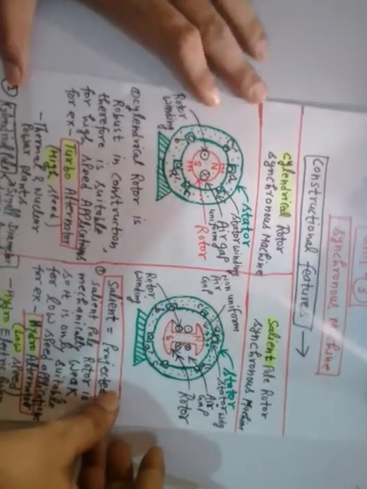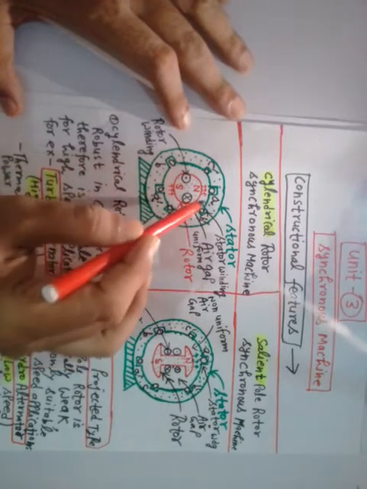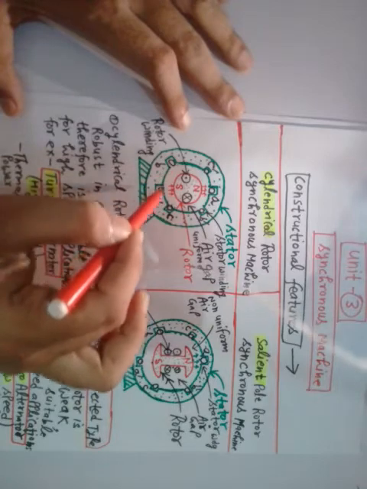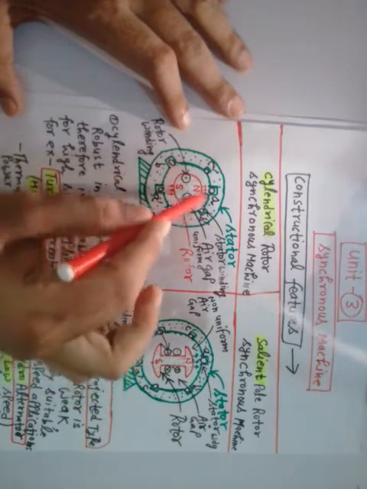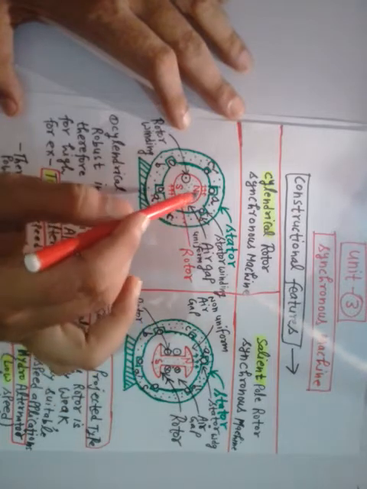This is your cut section model of a synchronous machine. So here, see this, we have taken a cylindrical rotor. Between this stator, see this green colored figure, this is the stator frame, and here this is the rotor.